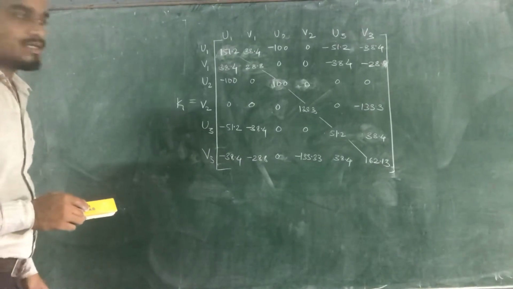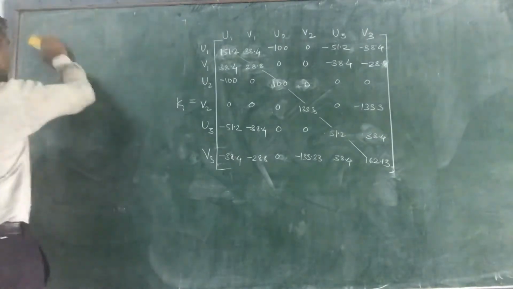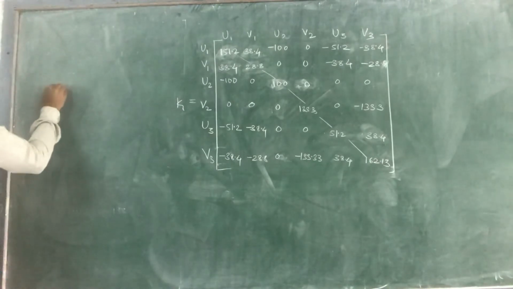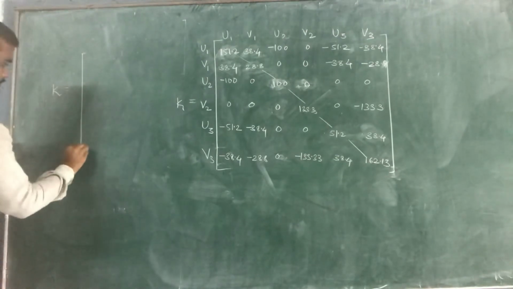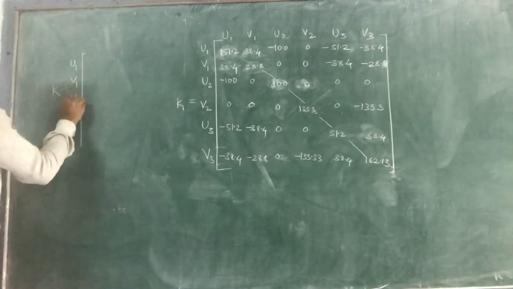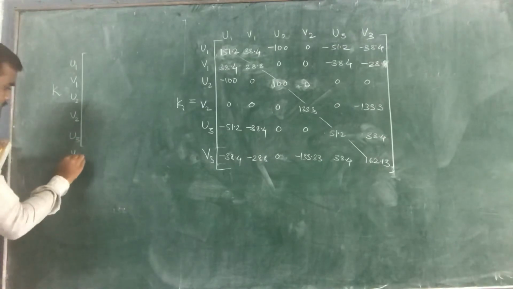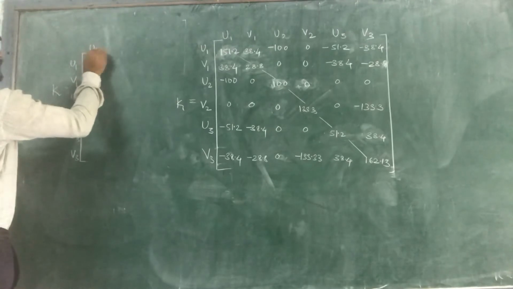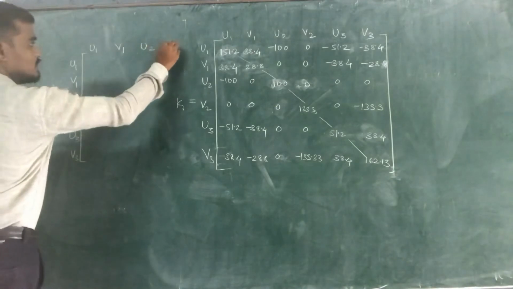Now next step is what? This is the final global stiffness matrix. So we will write down this global stiffness matrix in a matrix form. So this K will become equal to, with U1, V1, U2, V2, U3 labeling the columns.